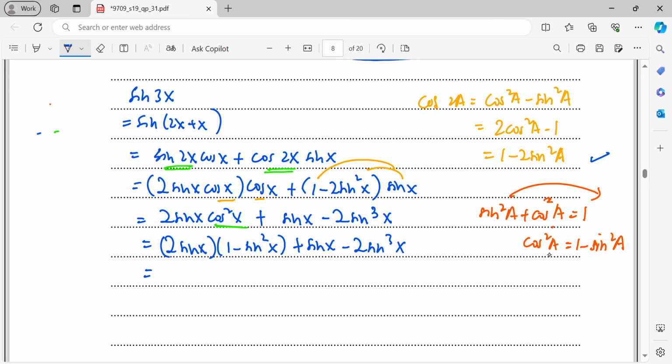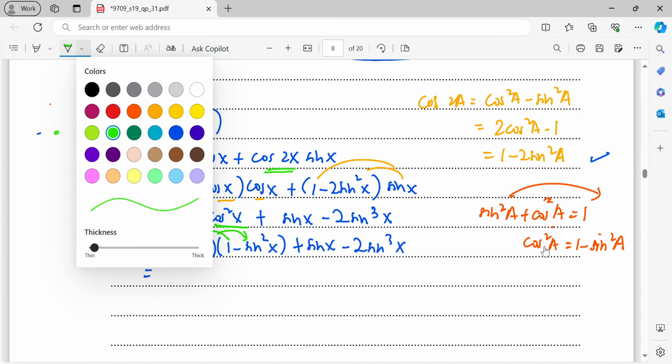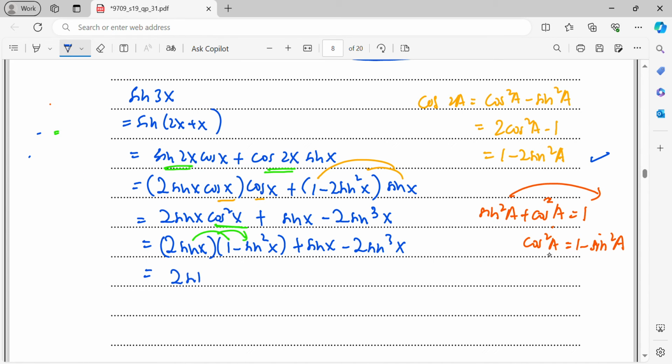And then now here, just do expansion. So 2 sine x times 1 to get 2 sine x, then multiply with minus sine square x. That means I will be getting 2 sine x and minus 2 sine cube x plus sine x minus 2 sine cube x.